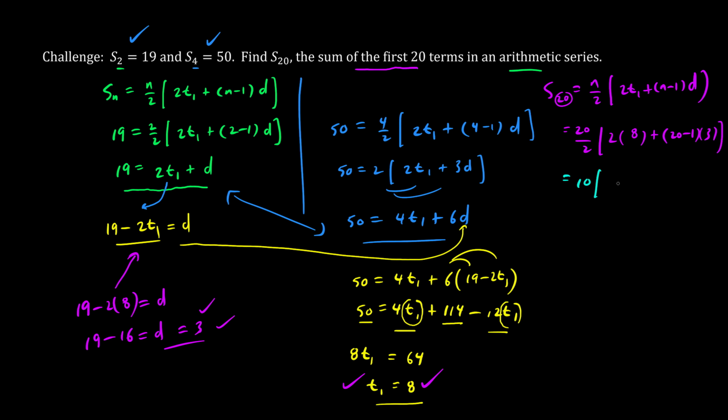We simplify. We have 19 times 3 is 57. So it's nice to have a calculator, and the final result of the question we're asking for is 730.